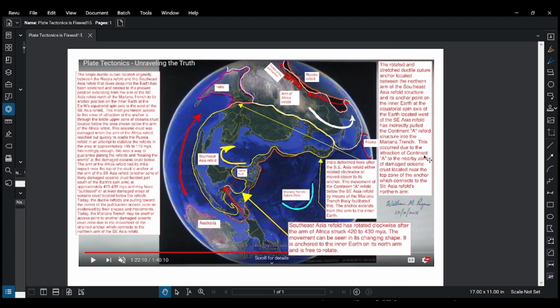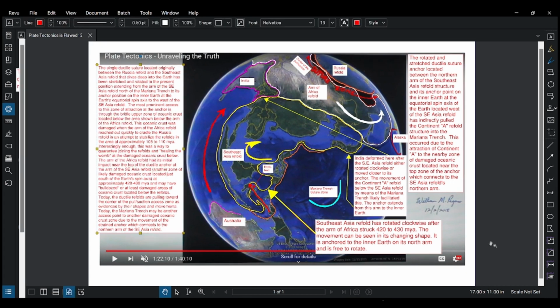Okay, so that's everything. Okay, so I misstated something that could be wrong. So that original movement of the large Africa arm was actually when the Southeast Asia refold rotated clockwise from that violent movement when Africa and South America, which was connected, moved with what I call the twerk movement.